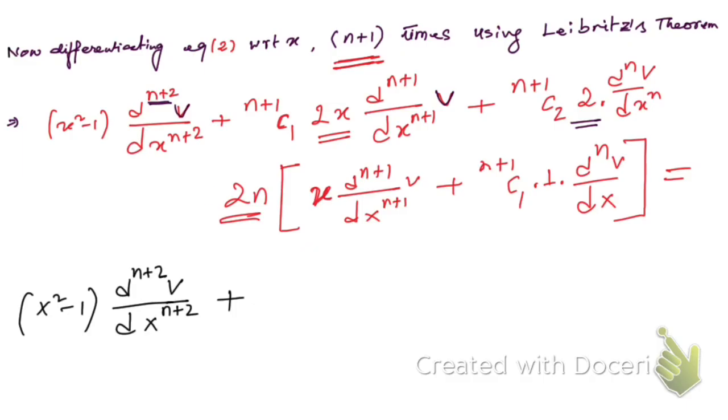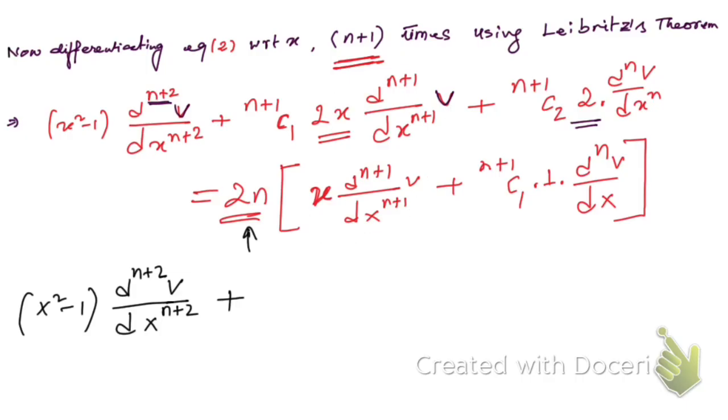Hope you have understood this. Okay, that means if you bring this one to this side of the equal sign, then we're gonna have a negative sign before this term. And then what we can do, we can take this part common. Here you can see this part can be taken common.